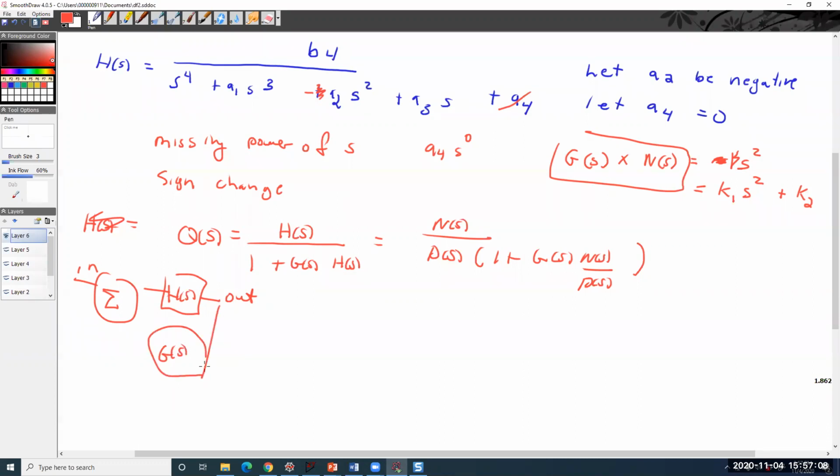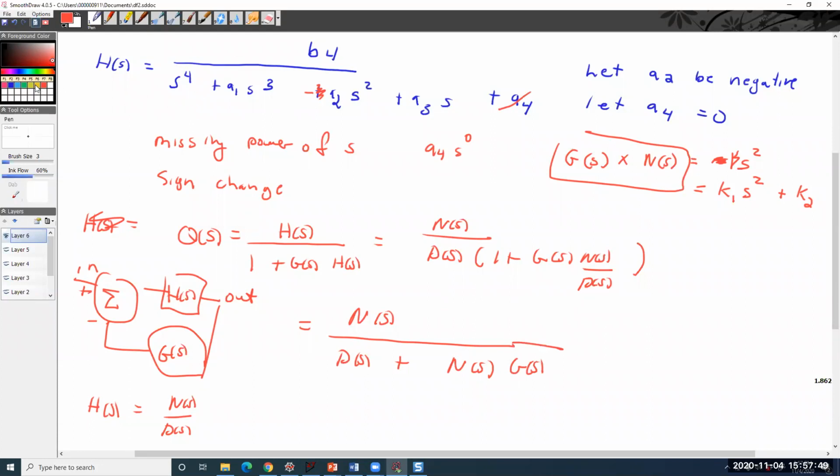G of S we feed back in a negative format, and when you do that, you get this equation. Then if H of S equals a numerator divided by a denominator, and I plug that in, I get the original numerator and the original denominator because I multiplied it by 1, but then I get the original numerator times the feedback, and the denominators cancel out.